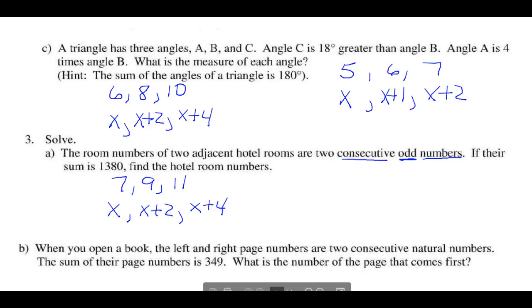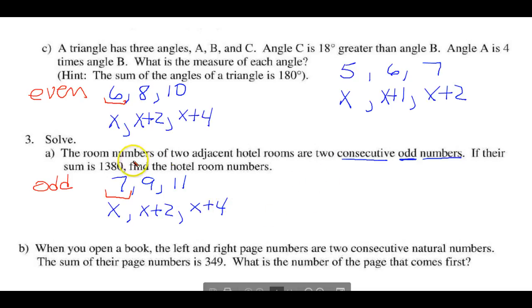Now this is where students often wonder, how come if this is odd, it's the same as even? And the key is, if you start with an even integer, by adding 2 you get the next even integer. If you start with an odd integer, by adding 2 you get to the next odd integer.